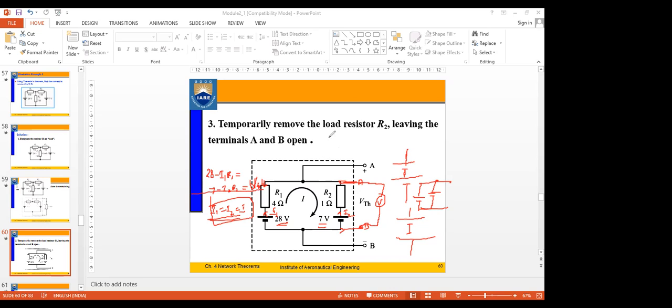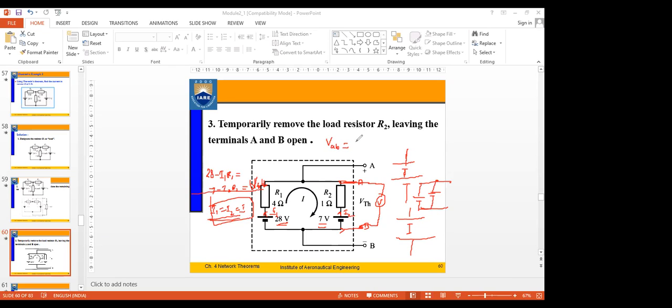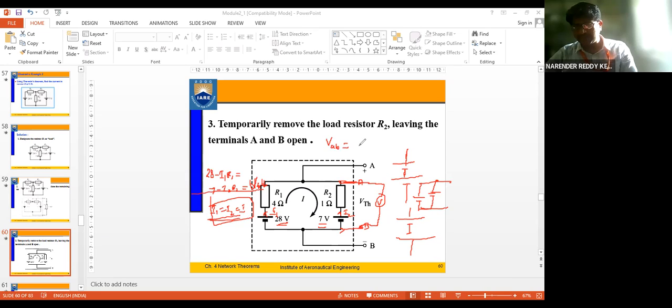We'll get 0, sir. Don't equate them. Either take that value or this value. VAB can be given as 28 minus I1 into R1, or it can be given as 7 minus I2 R2.